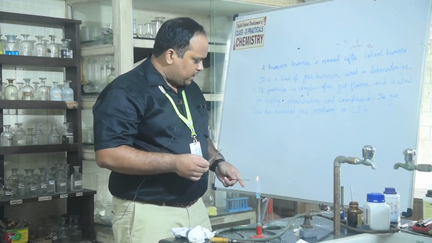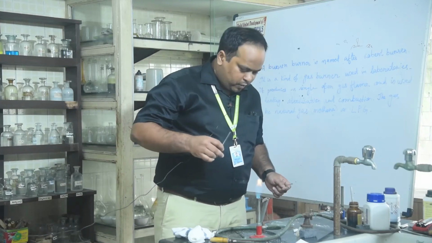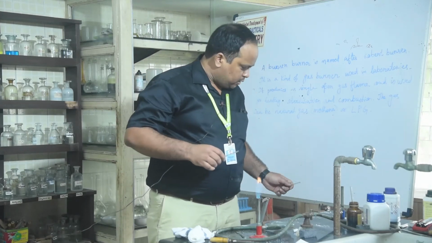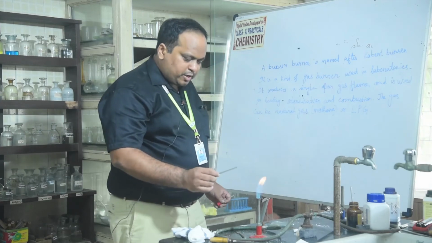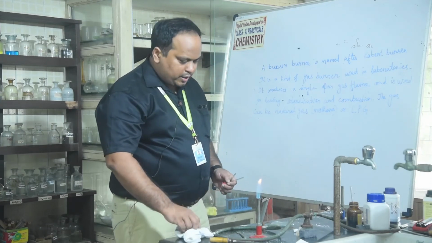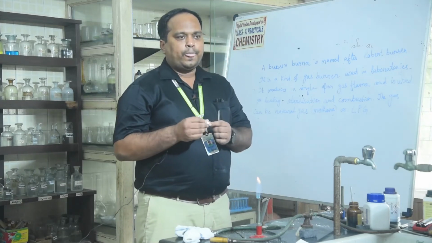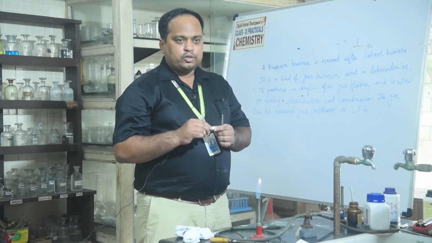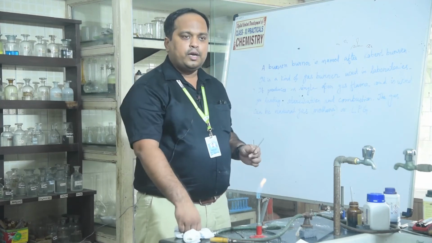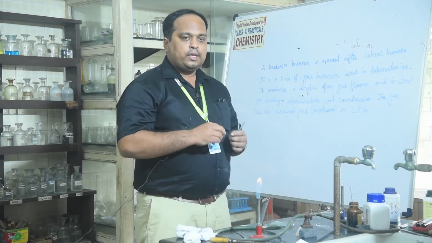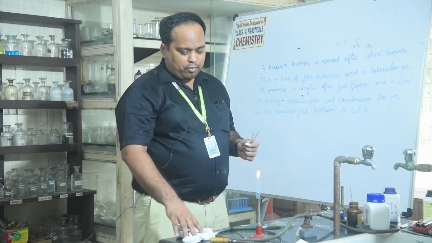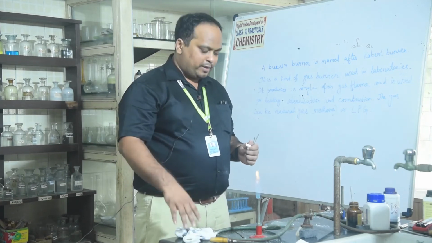Flame test is generally applicable for group 1 cations easily, because group 1 has low ionization enthalpy. Group 1, like sodium, has one electron in its outermost shell, so it is very easy to remove that one electron. That's why you need less energy to excite it.